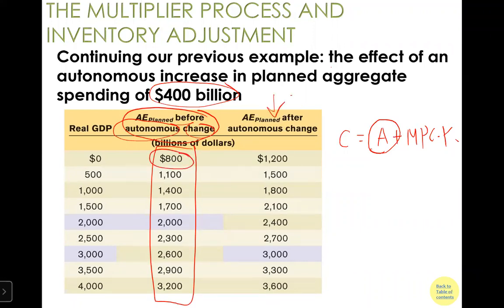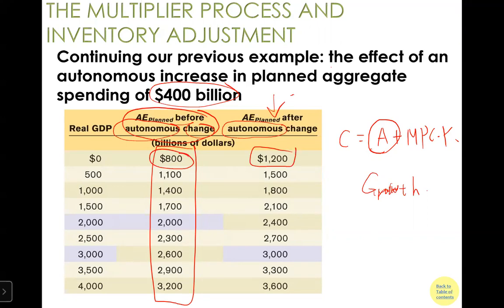The last column shows that, for some reason, there's a change in autonomous spending, and it increased to 1200. What caused this increase? It could be because of GDP growth, where the standard of living increases and people find they require more as a minimum level of consumption.